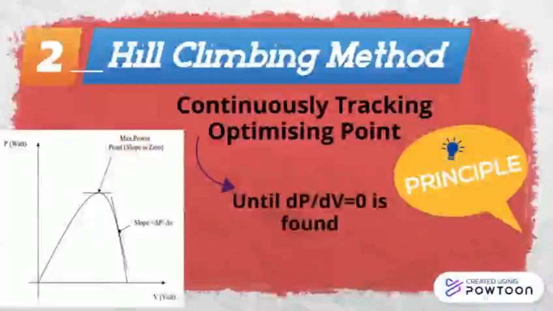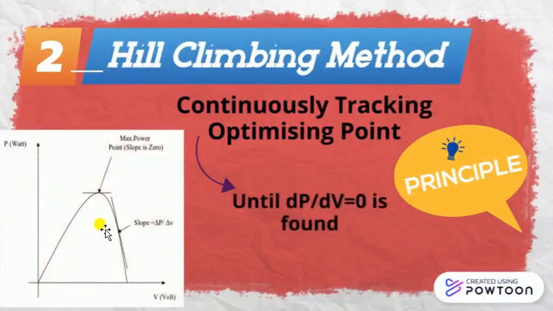In the hill climbing method, by incrementing the voltage, the power increases when operating on the left of the MPP and decreases when on the right of the MPP. Therefore, if there is an increase in power, the subsequent perturbation is kept in the same direction to reach the MPP, and if there is a decrease in power, the perturbation is reversed.